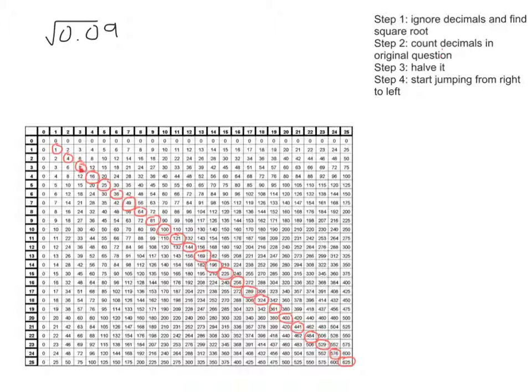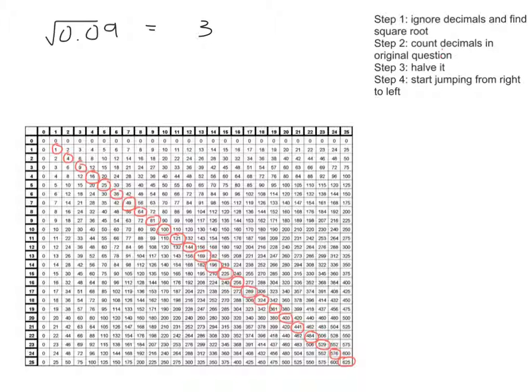I can see a number 9 here. 3 multiplied by 3 is 9. So that one number that was multiplied by itself to get 9 is 3. So I know that the square root of 9 equals 3.